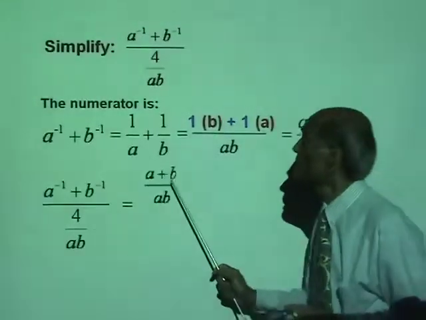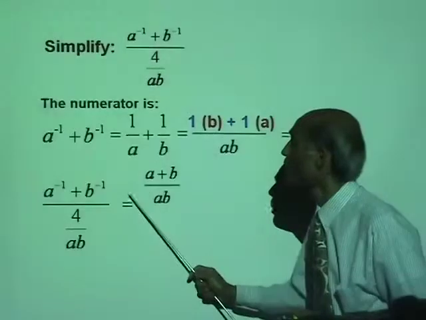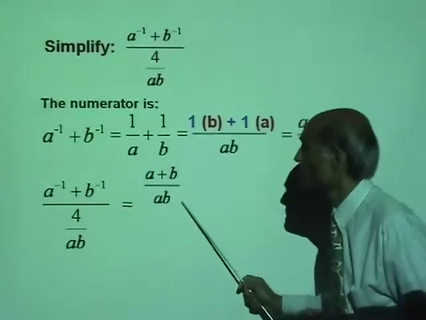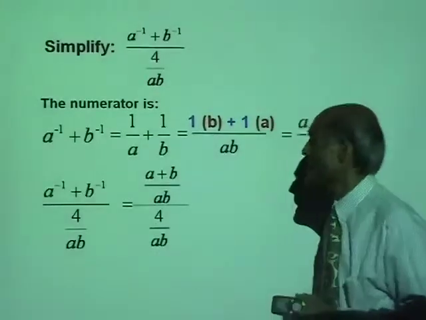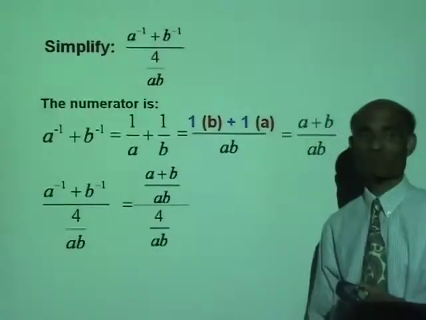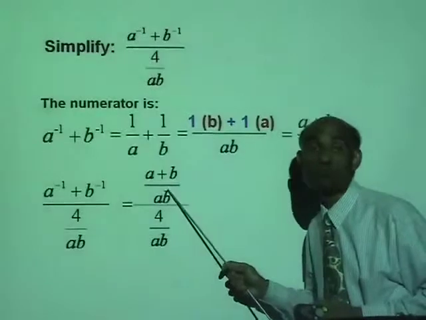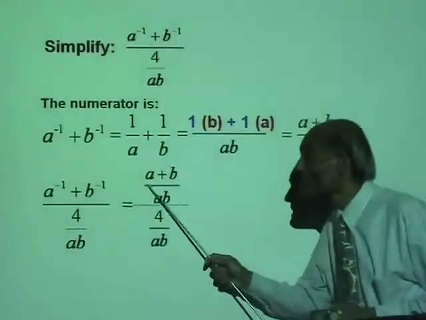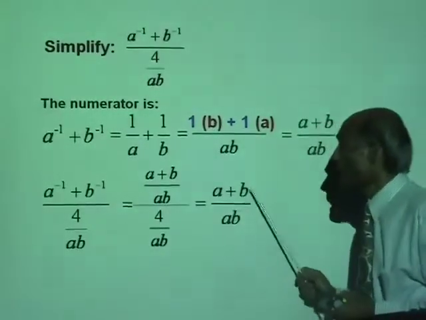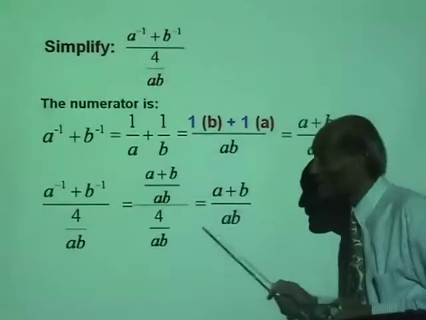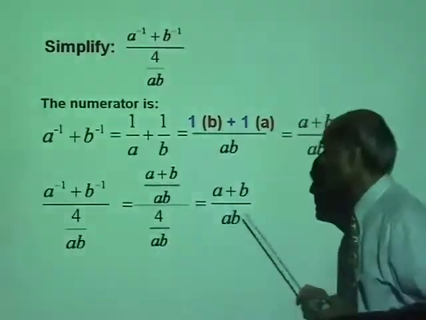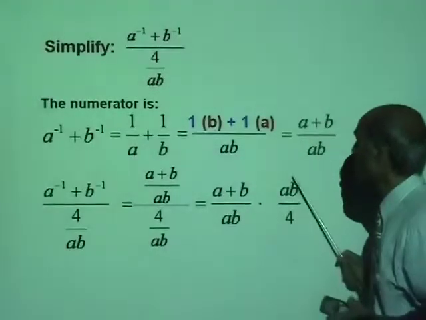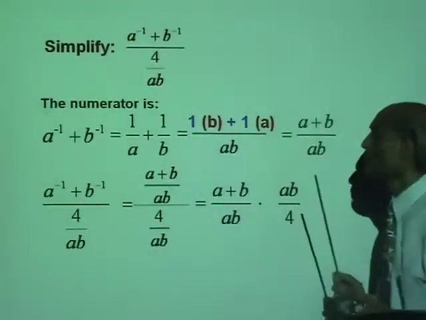So this is a plus b all over ab, that's the numerator, and the denominator is 4 over ab. Now how do we simplify this? First we take the numerator and then multiply that with the reciprocal of 4 over ab. That is multiplied by ab over 4.